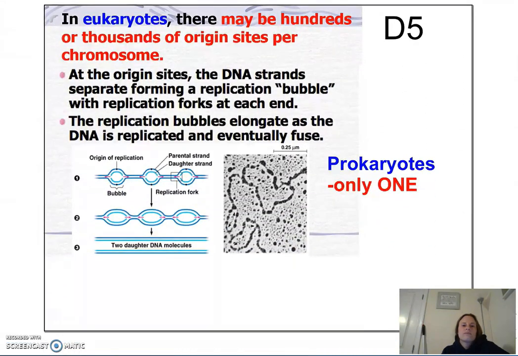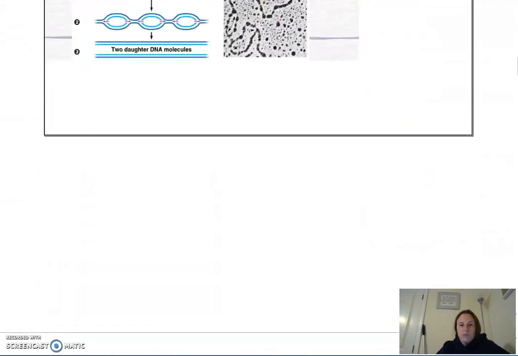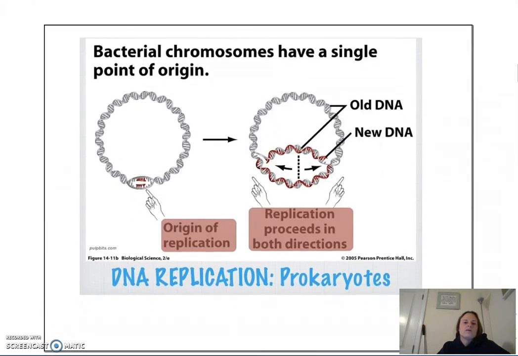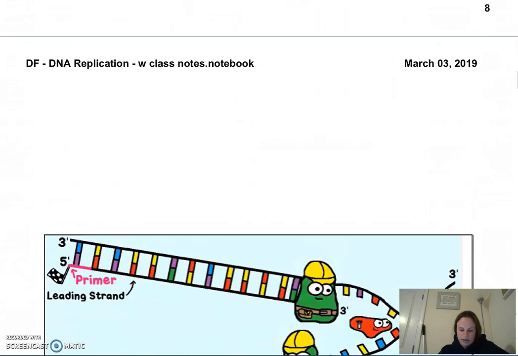In eukaryotes, there may be hundreds or thousands of origin sites per chromosome, but in prokaryotes, there's only one site of origin, and that's because prokaryotes' DNA is in one giant loop. So prokaryotes will just have one single origin of replication, but DNA replication will still occur in both directions.